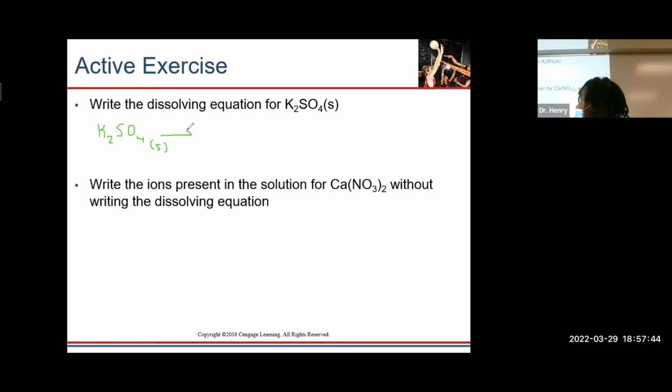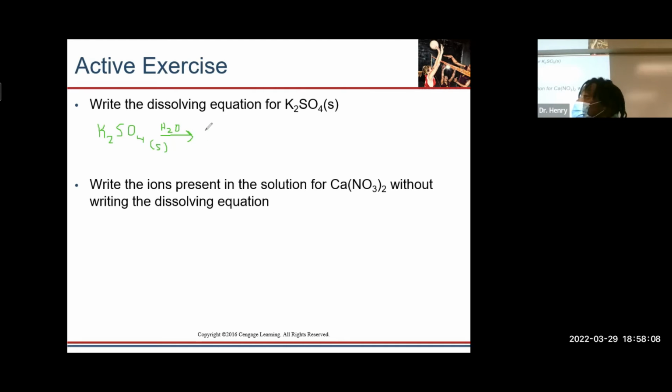We're going to be adding it to water. We put water here instead of having water react with it, because water is just going to be carrying it into solution, right? And so we want it to be aqueous. You guys notice that it went from a solid to AQ.